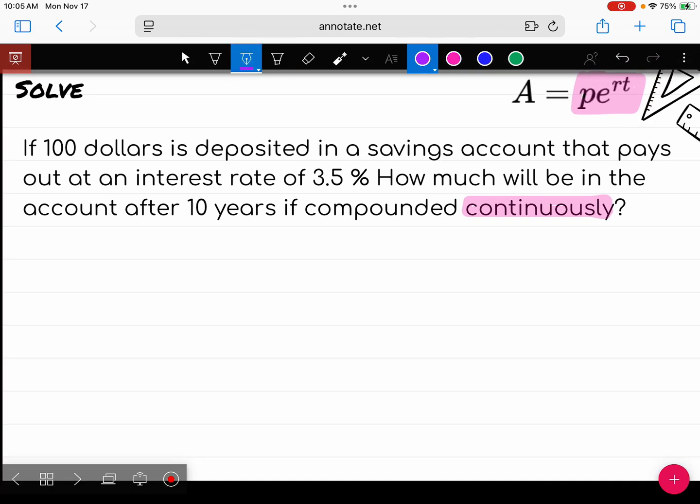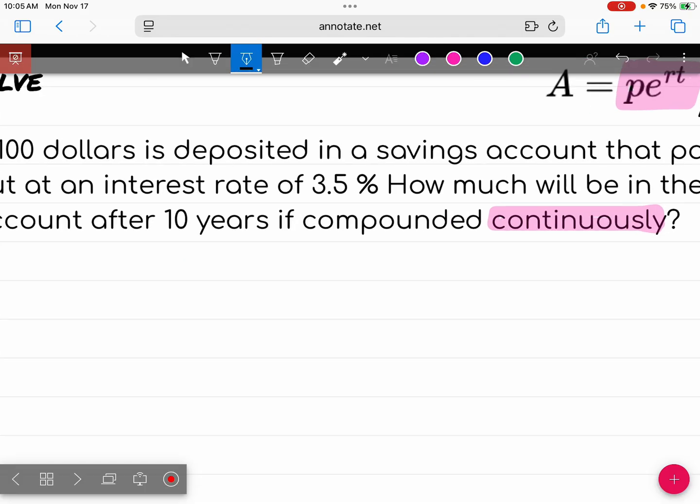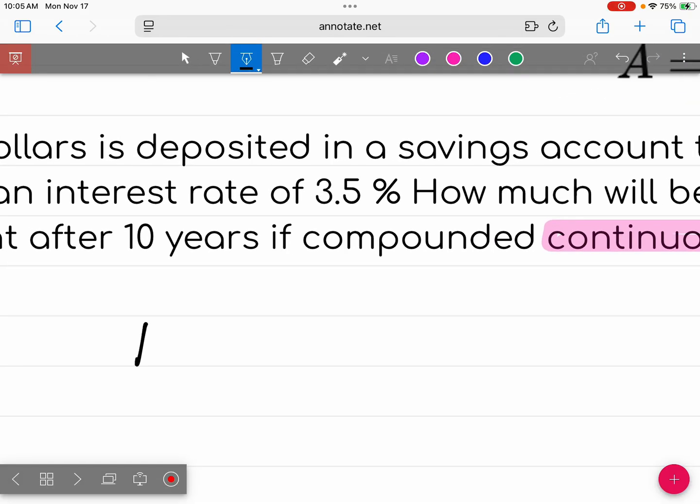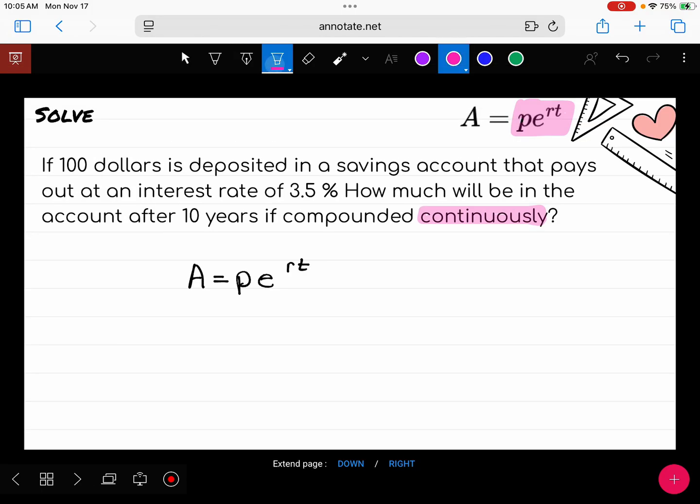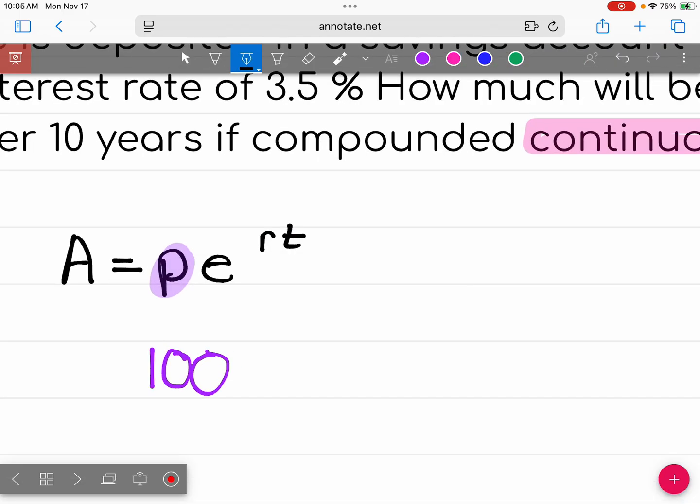So if we have $100 deposited into a savings account that gives interest at 3.5%, how much is going to be in the account after 10 years? So what pieces do we know to fill into our PERT equation? What's our principal? I heard we know that. 100. So $100, that's our principal. So we have our 100. e is a number on our calculator.